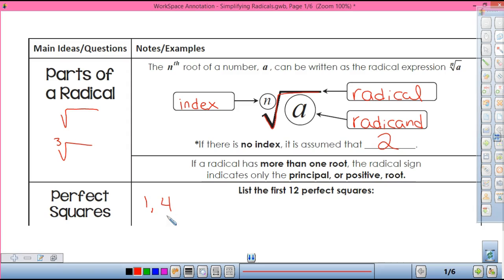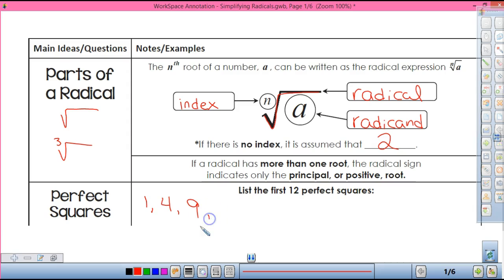And how did we get to 4? We took what and squared it? 2. Yep. And then the square root of 4 is 2. So my next one is going to be 3 squared, which is 9, so the square root of 9 is 3.